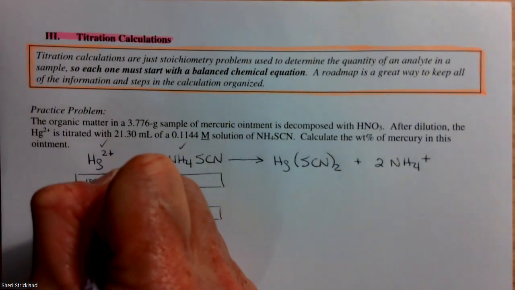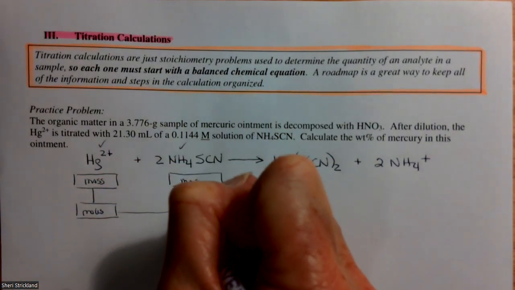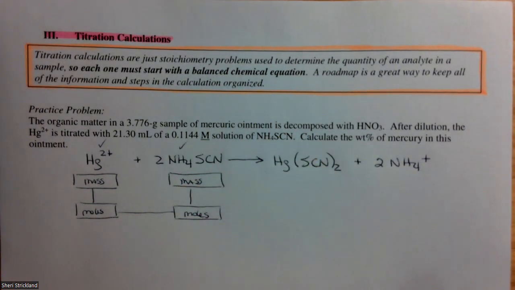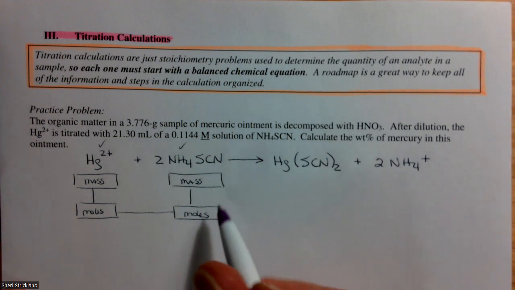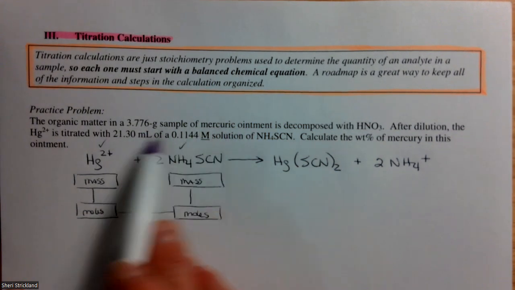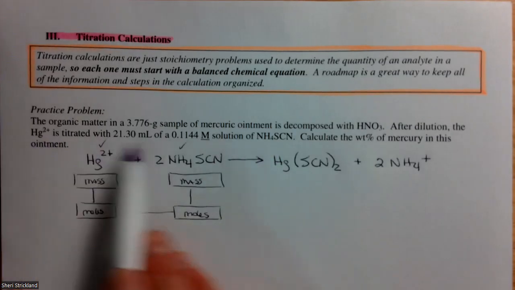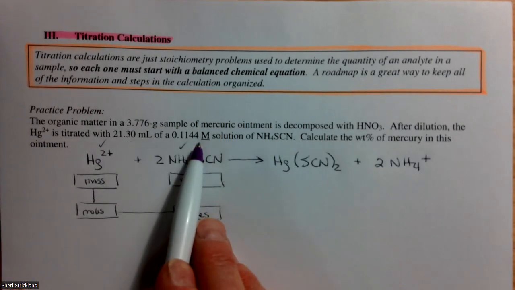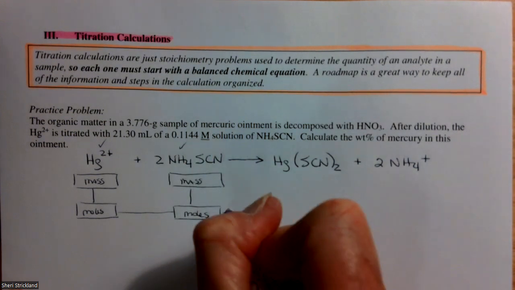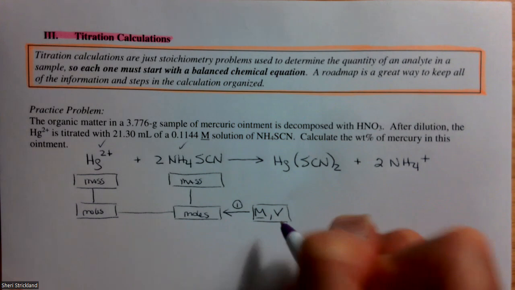Just a basic roadmap: mass, moles under both of them. Sometimes the molar mass is given in the problem, and sometimes you have to calculate it. So what do we know to begin with? We know the mass of the sample, and we know more about this guy than we do about that guy. We know volume and a concentration, the ammonium thiocyanate. So we can get to the moles of the ammonium thiocyanate.